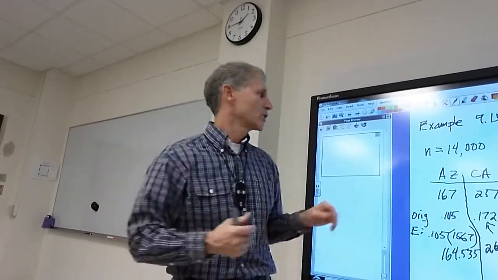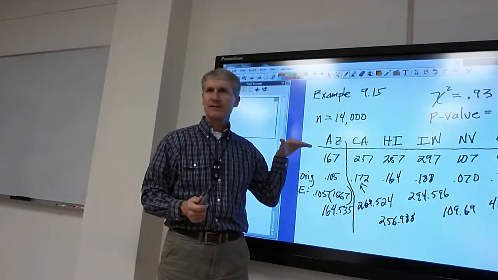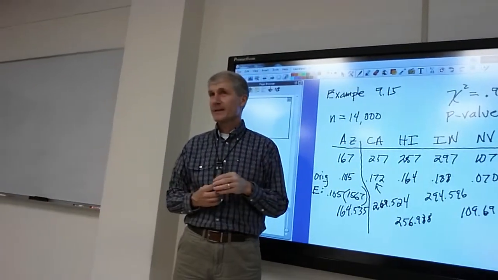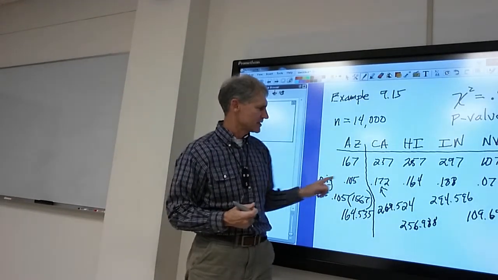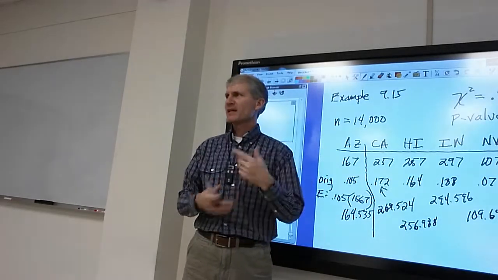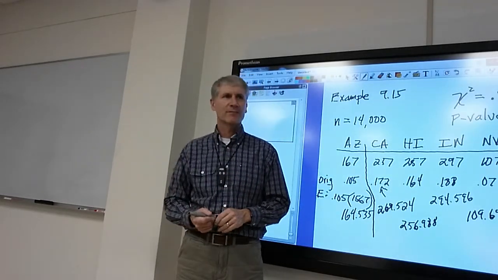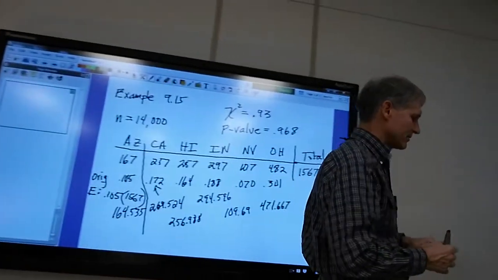If you do, you can put these observed counts into a list, and I think you then have to put these percentages into L2. I think that's how it works. I haven't done it in a long time, but you can play with that and see what you do.